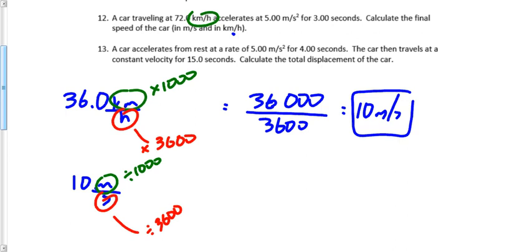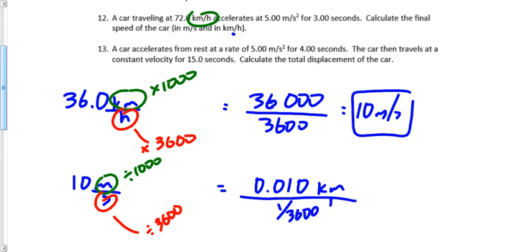So I'm going to say 10 divided by 1,000. Is that right? 10 divided by 1,000? Or was it 0.01? Yeah, it's 0.01, isn't it? Yes, it would be 0.01. Now I'm in kilometers on the top, and 1 divided by 3,600, I don't know what that is, gives me hours.